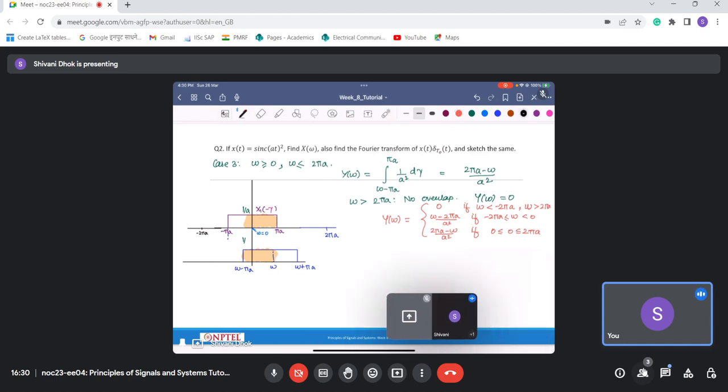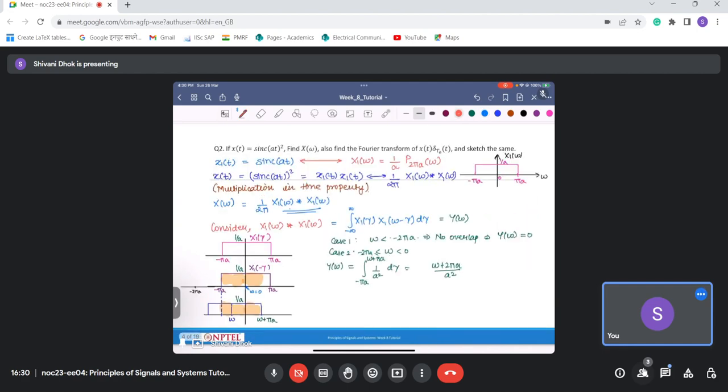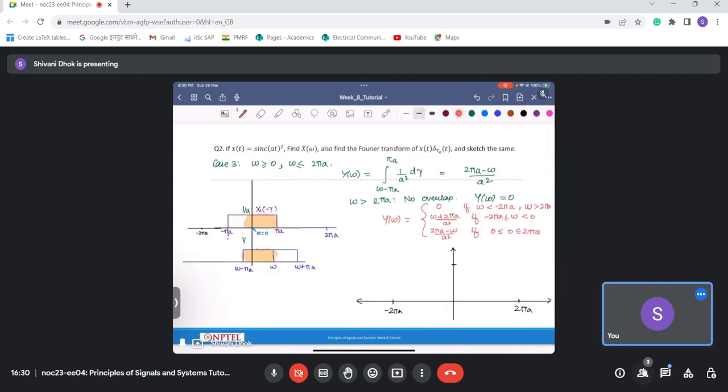So if we sketch it, it's something like this. This is minus 2 pi a, this is 2 pi a.